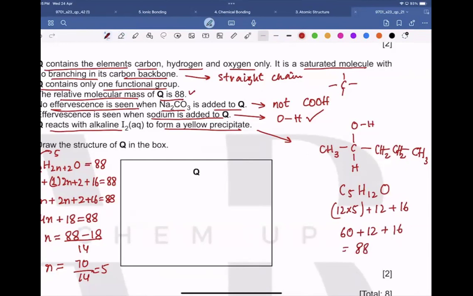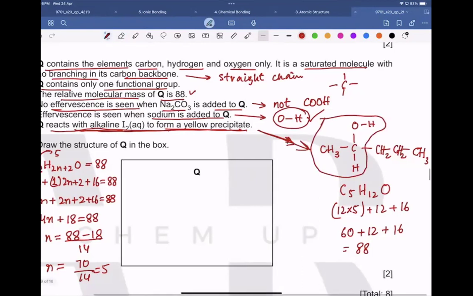It is due to this thing, as I have told you earlier, that first we got to know that it's an alcohol because it is reacting with sodium and not reacting with sodium carbonate. So it's not a carboxylic acid, but an alcohol. But then it is reacting with alkaline iodine, so this indicates that this alcohol has this group.